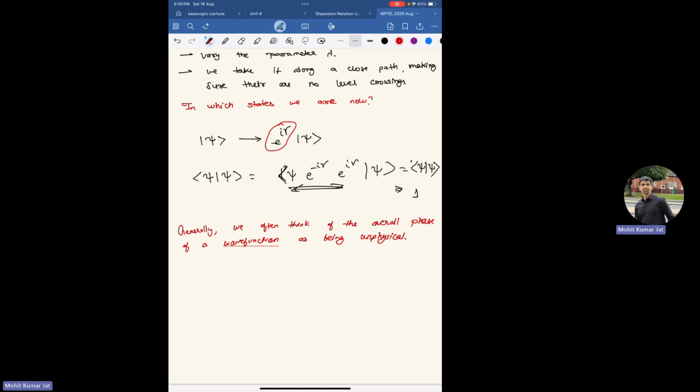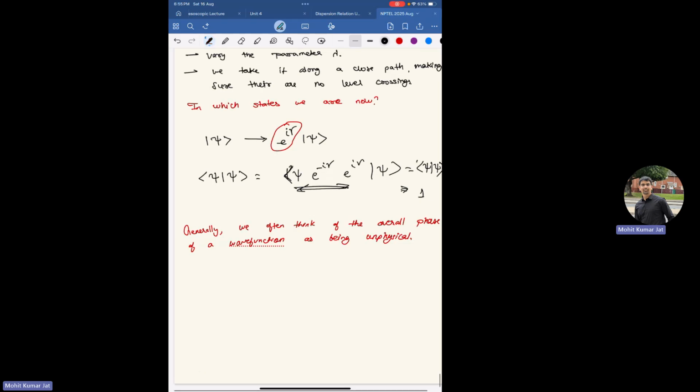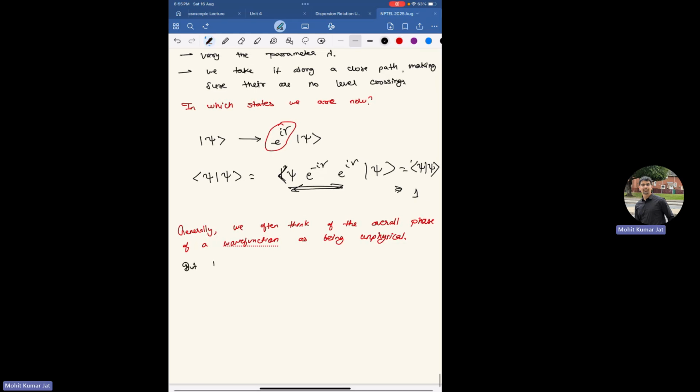But that's not the case here, because this is a phase difference. It is actually a phase difference that matters.